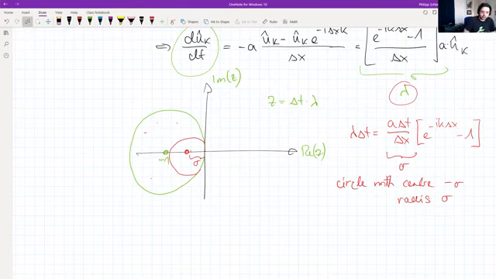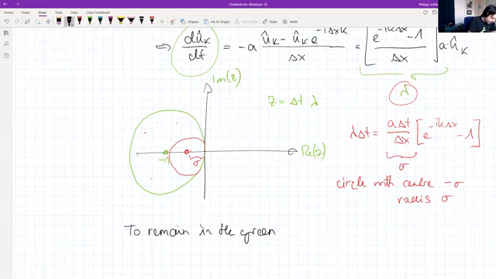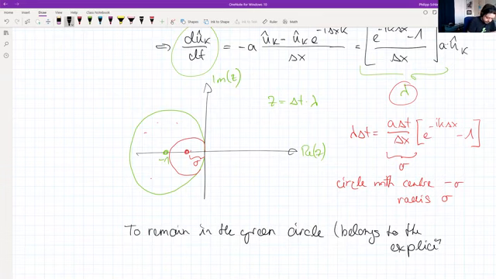And in this case, I of course see that in order to remain in the green circle, the green circle that belongs to the explicit Euler, I can scale my red circle up to the point that the radius is 1.